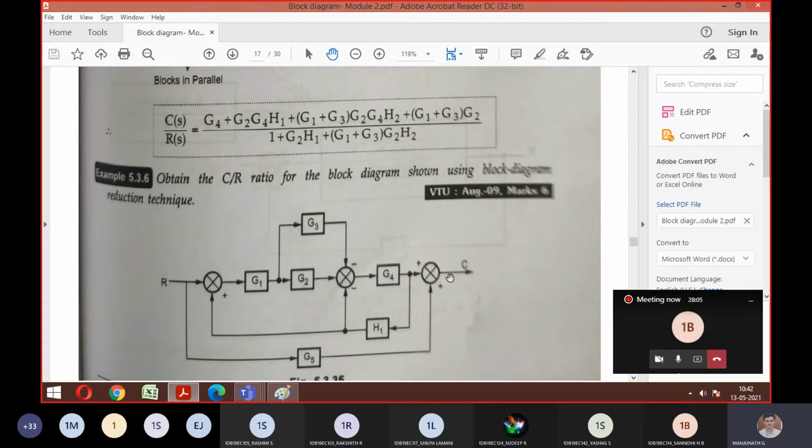Can anyone explain the procedure so that everyone can solve?